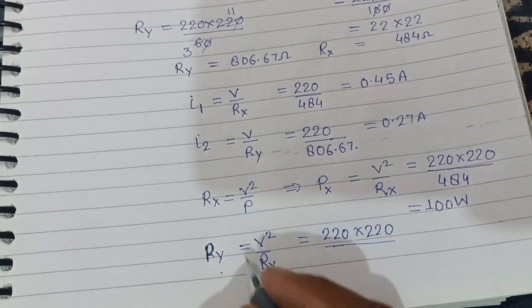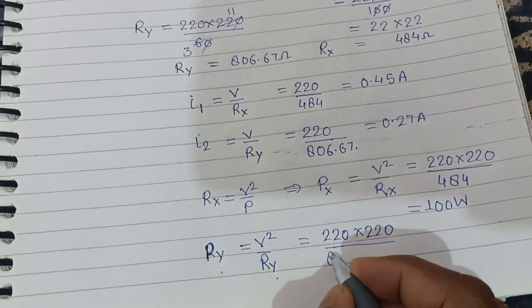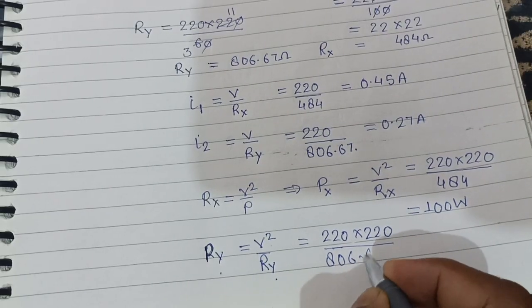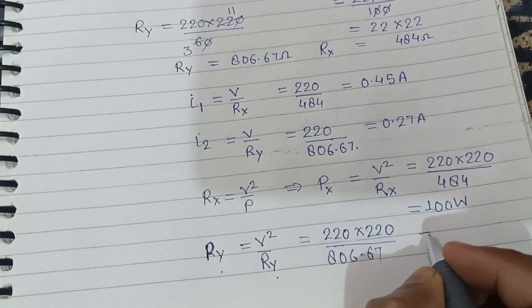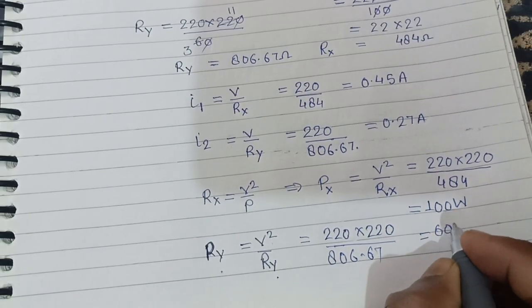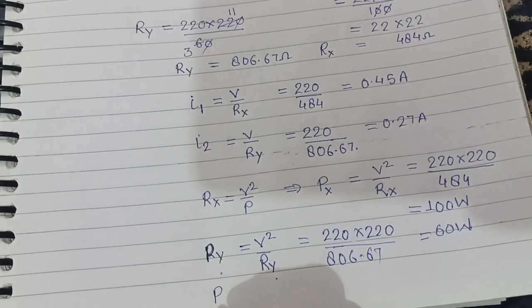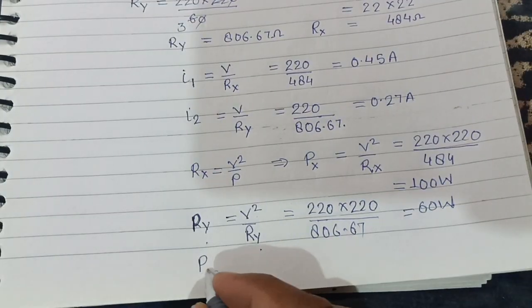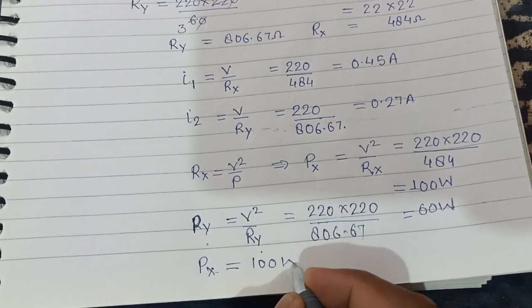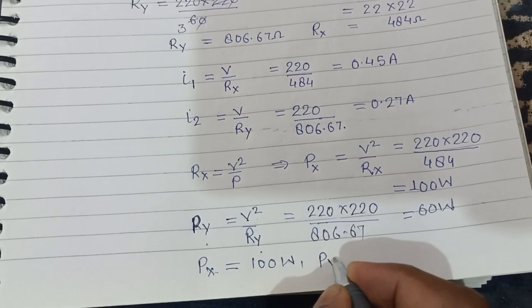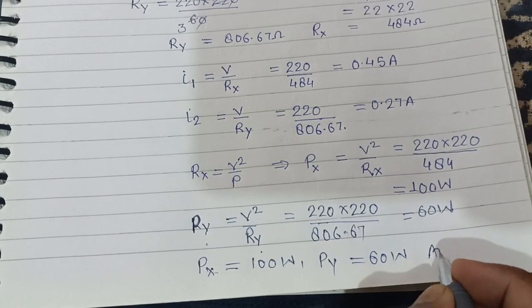Py is equal to V square by Ry. Ry is 806.67. After solving this, you will get 60 watt. So power consumed by the X bulb is Px equal to 100 watt and Py is equal to 60 watt. Answer, note down.